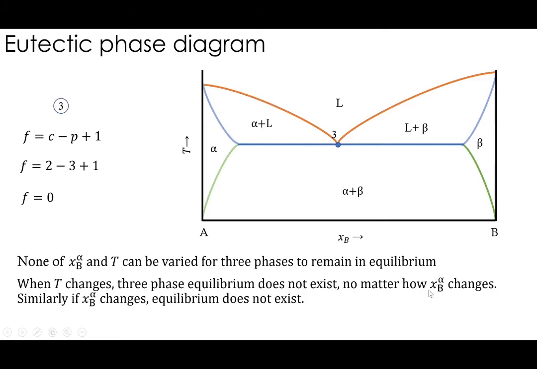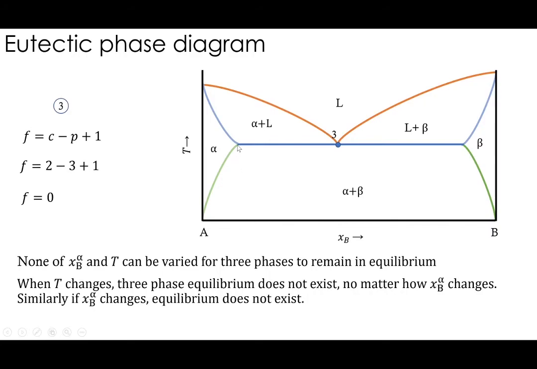No matter how XB alpha changes, the moment the temperature changes, the equilibrium is disturbed. Similarly, think about changing XB alpha. If XB alpha changes, what will happen? Alpha's composition in this three-phase equilibria is this point. If that composition changes, what will happen?